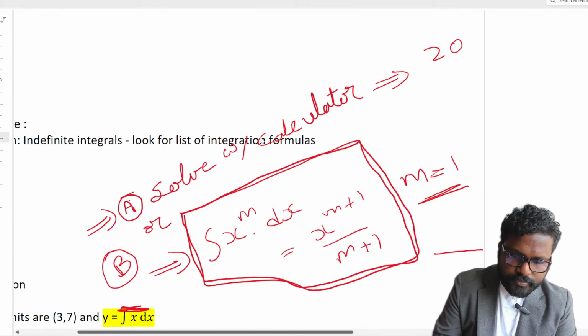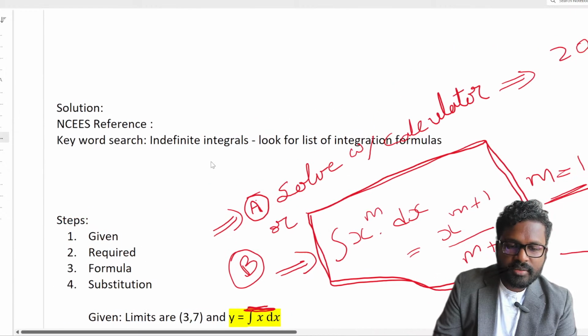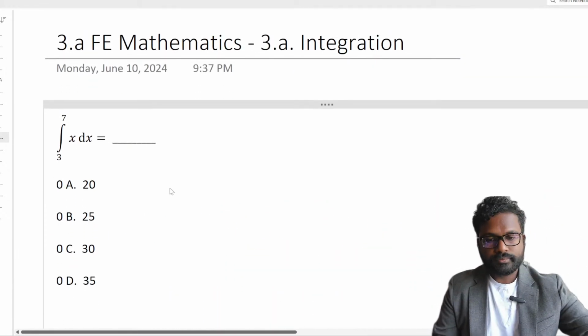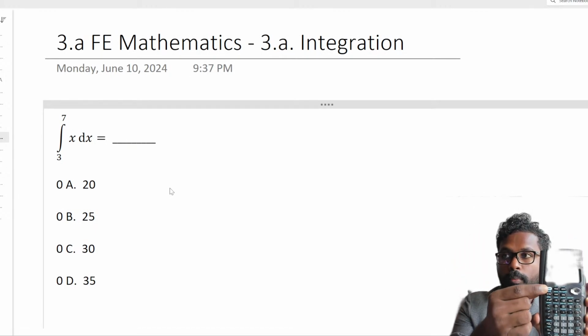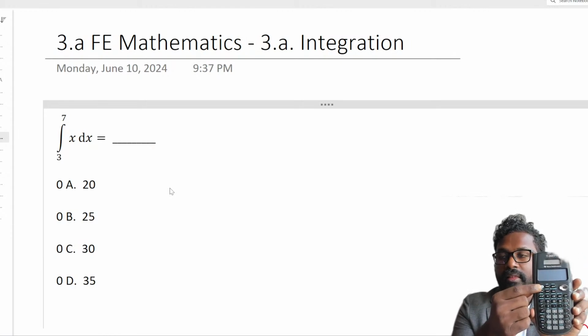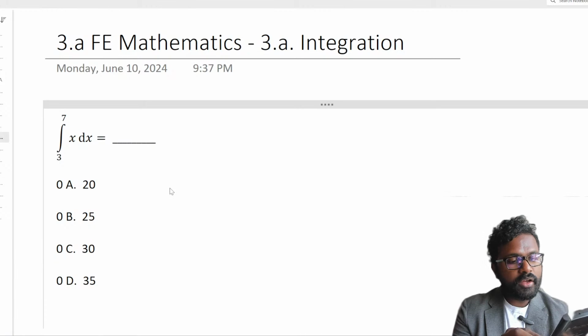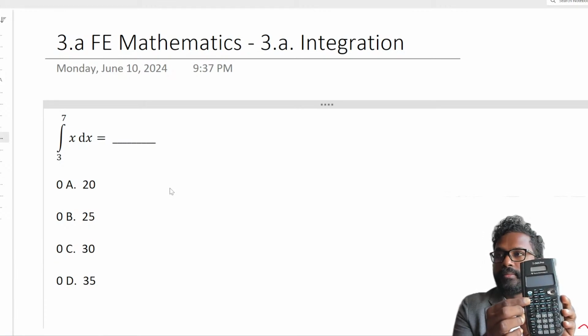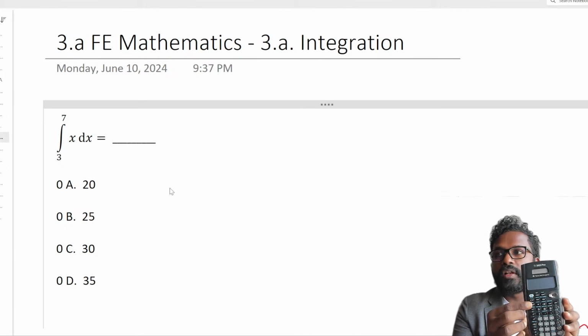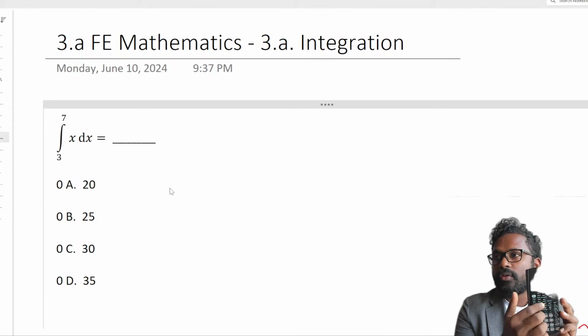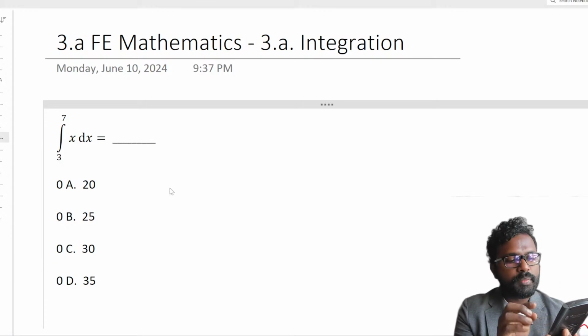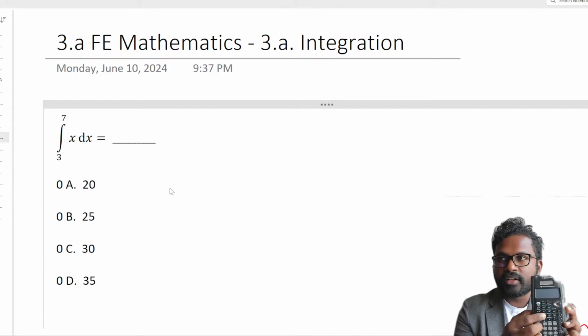So go ahead with your calculator and simply click on the second function, the blue button on the TI-36X Pro calculator, and then click on the integral with the limits. First you have to click second and click the numeric solve on your calculator, which is basically the second column, fourth row, on the TI-36X Pro.